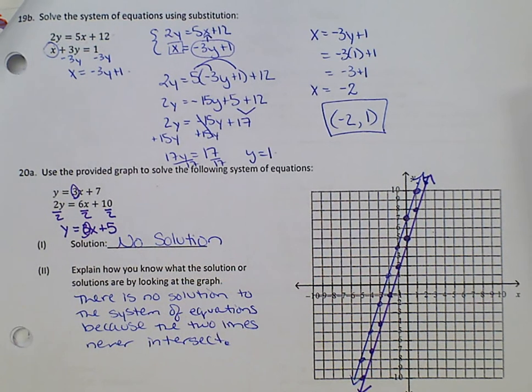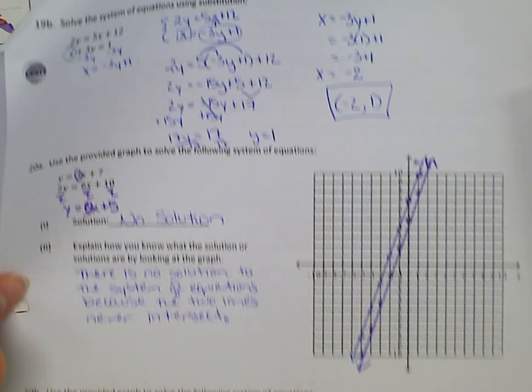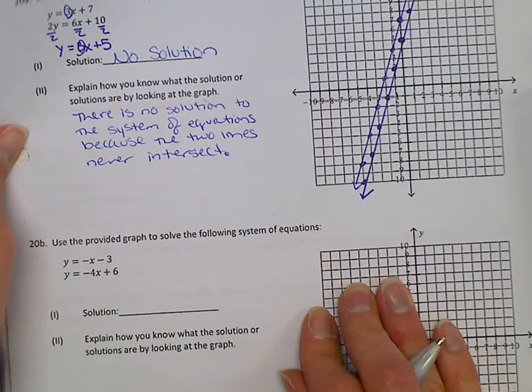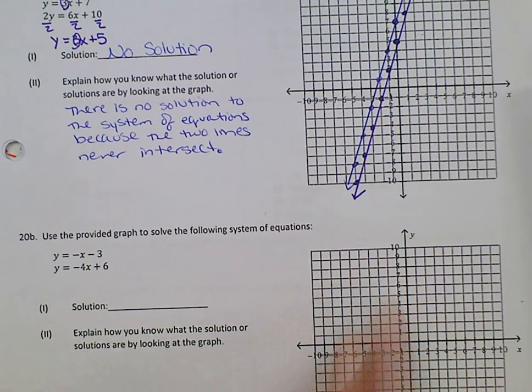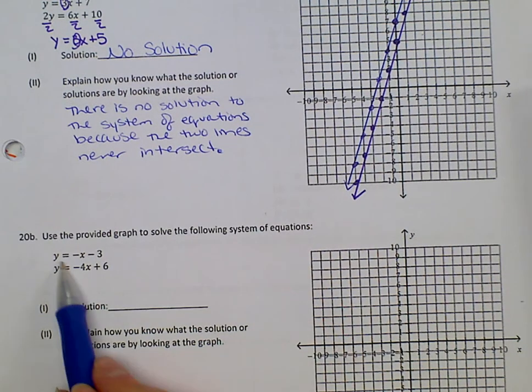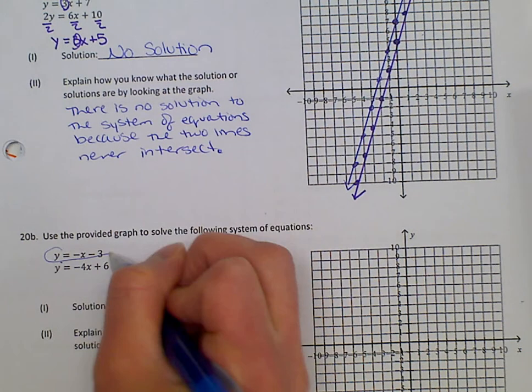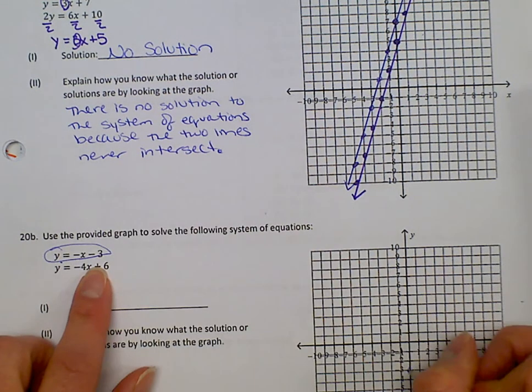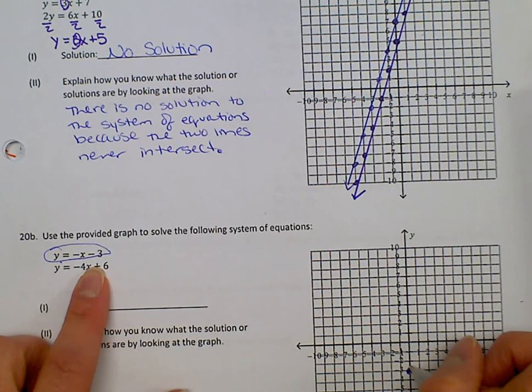In the next one, it says use the graph provided to solve the systems of equations. So to solve, this first equation is already in slope-intercept form. So I'm going to go to negative 3 on the y-axis for our intercept. The slope is negative 1. So I'm going to rise 1, go up to the left 1.